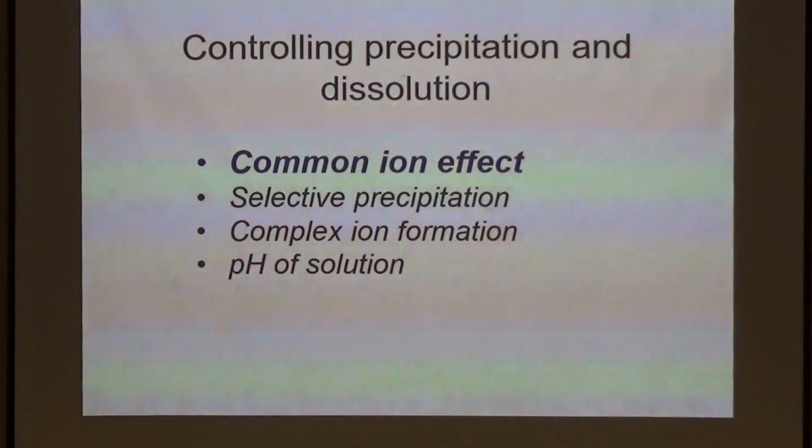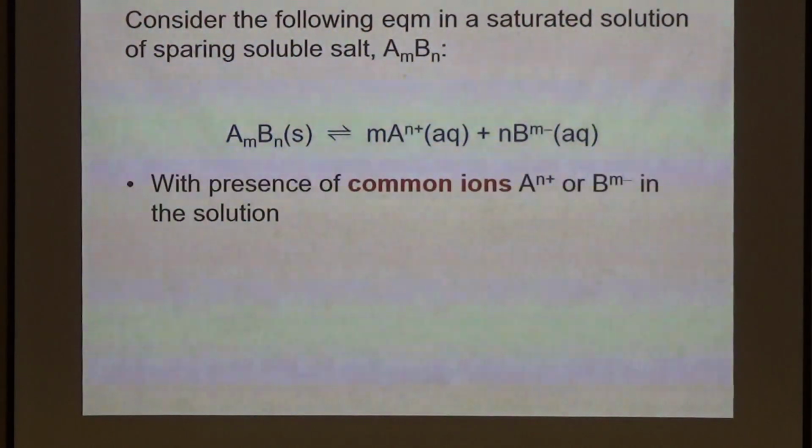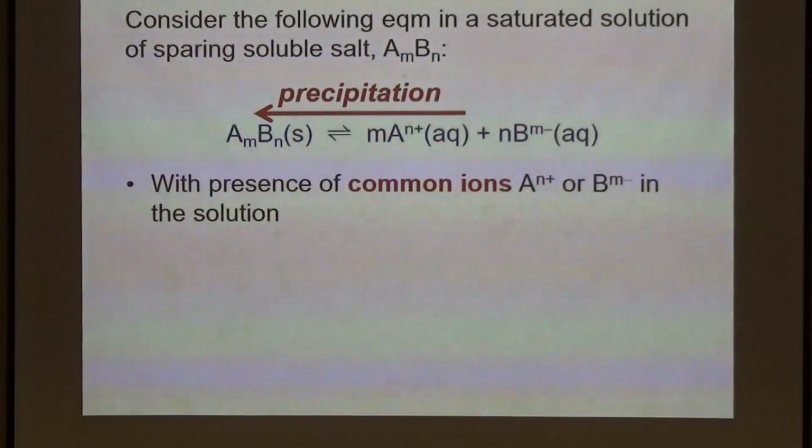Okay, let's talk about the common ion effect. Now let's look at this equilibrium and consider a situation where you have either A or B in the solution.